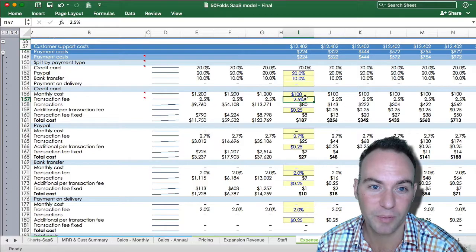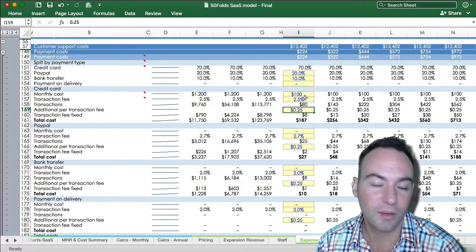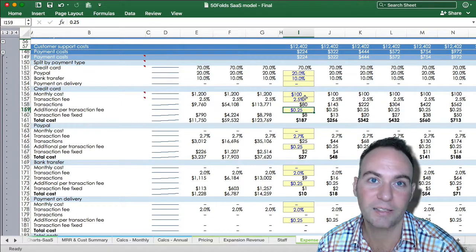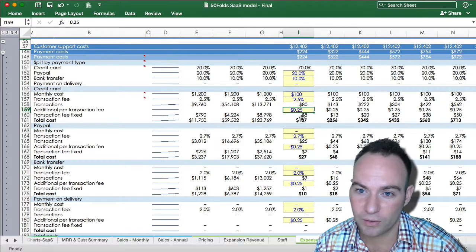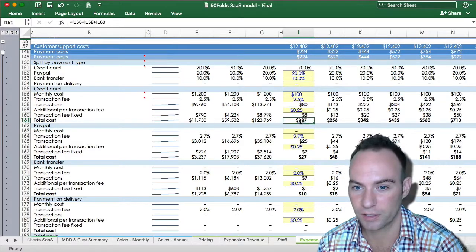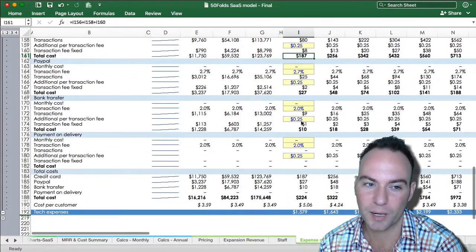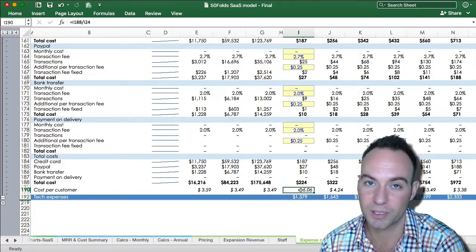It's 2.5% on the total volume spent. And sometimes you have to pay a fixed fee per transaction in addition to that variable transaction fee. These all add up and it tells you total cost. Same thing for PayPal, same thing for bank transfer, same thing for payment on delivery. These all just add up and give you the cost and then the average cost per customer.